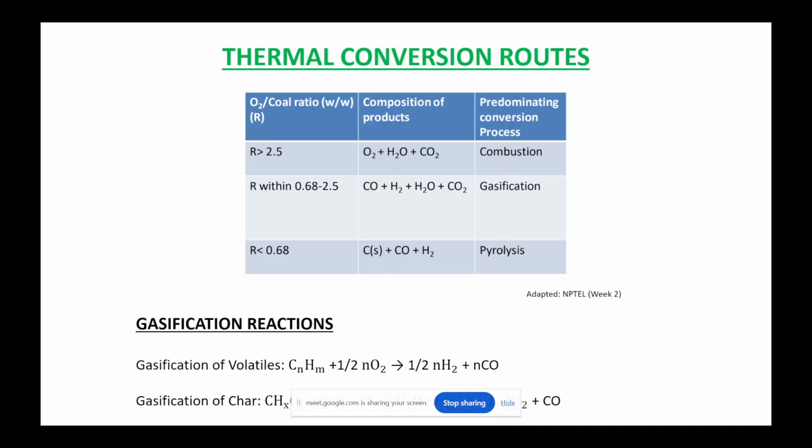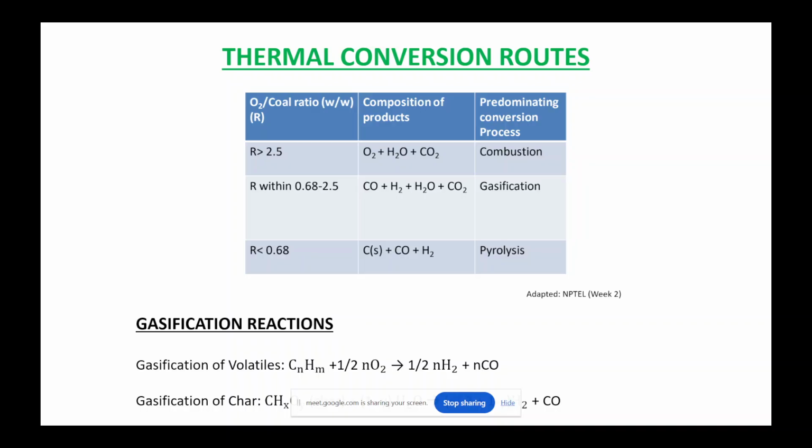So there are two ways in which you can convert this carbonaceous feedstock, or you can say coal, to combustible gases. One is using a controlled amount of oxygen, or partial oxygen, and the second method is through the help of steam. And whatever gas gets produced through this process is called syngas. Syngas, the full form, is synthesis gas.